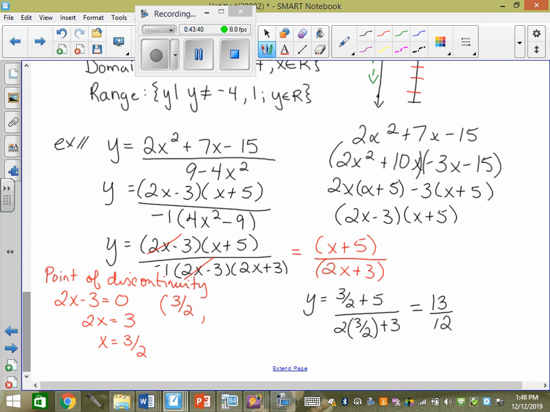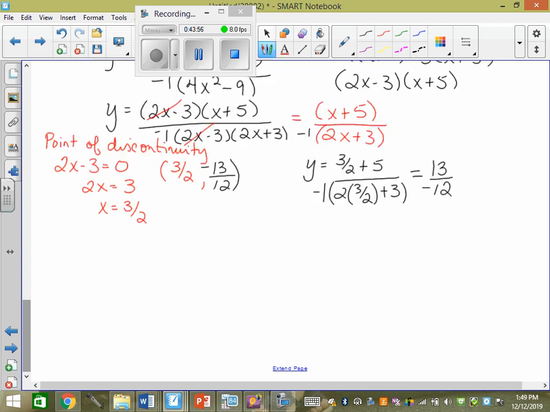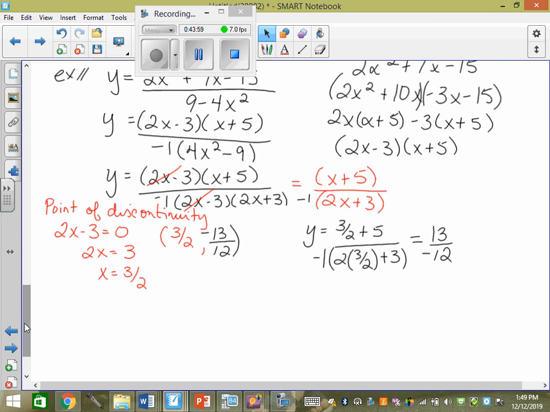Oh, there is a -1. Look at you for remembering that. Good on you. Yeah, so it's 13 over -12 or -13 over 12. Thank you. That would have been really awful without that -1. Super big error.